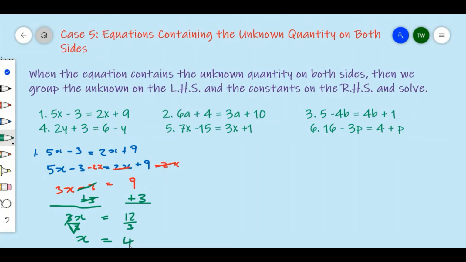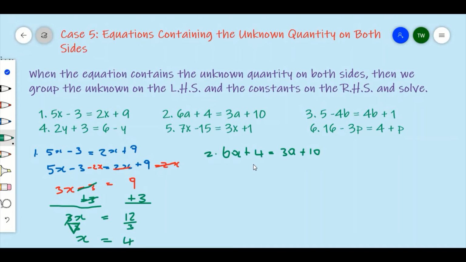Alright. Now to example 2. Example 2, we're given 6a plus 4 is equal to 3a plus 10. Again, we are going to group the like terms.